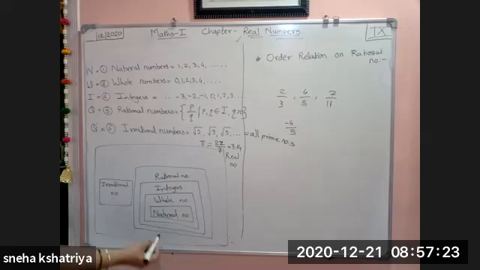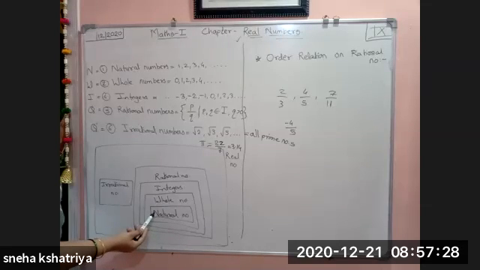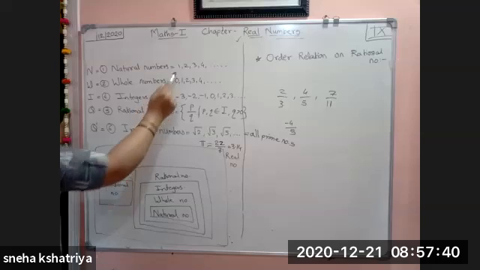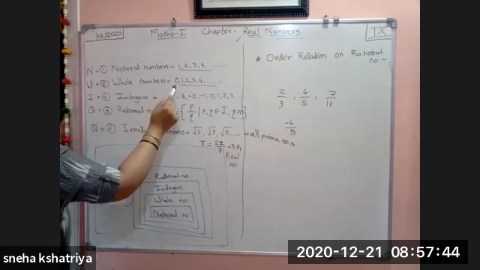Okay, see here I have drawn a Venn diagram like that. First, a small set is the natural numbers. The natural numbers completely lie in whole numbers. So I made this bigger box for it. I have made one more box for the whole numbers because all the natural numbers lie in whole numbers except 0.